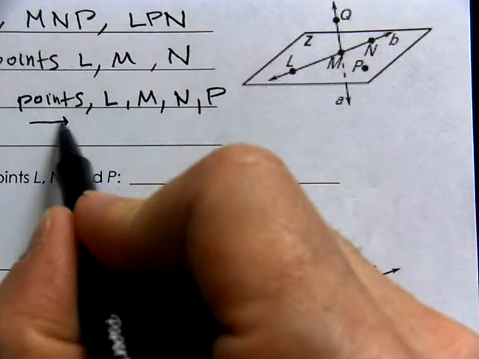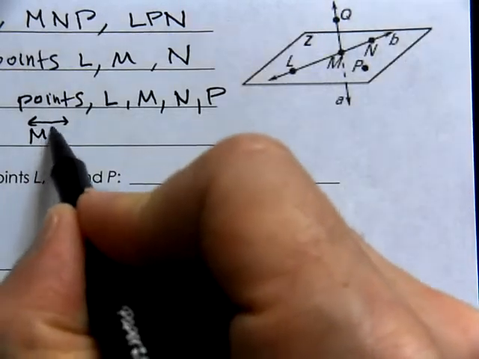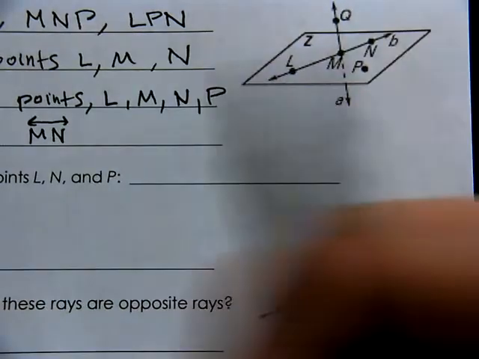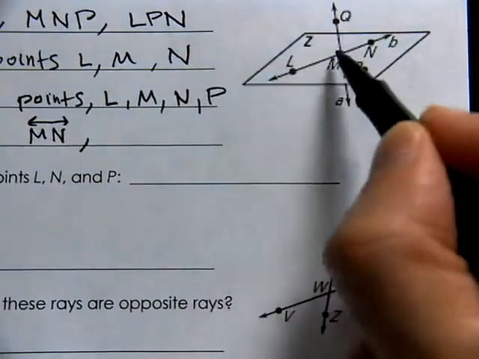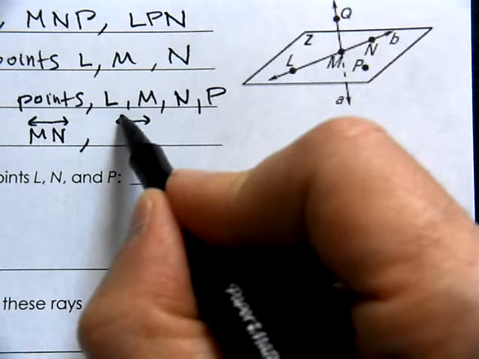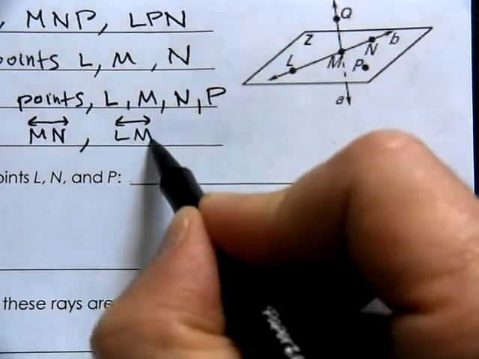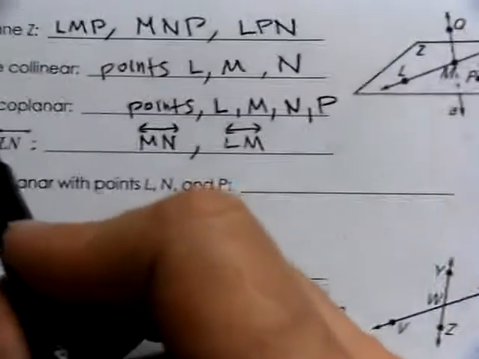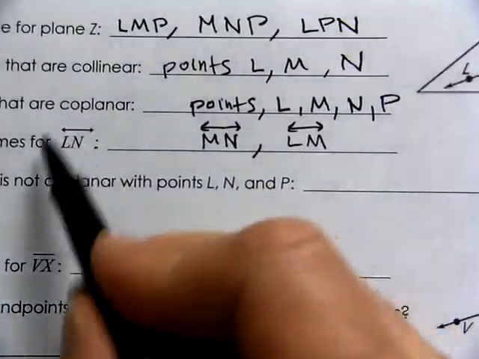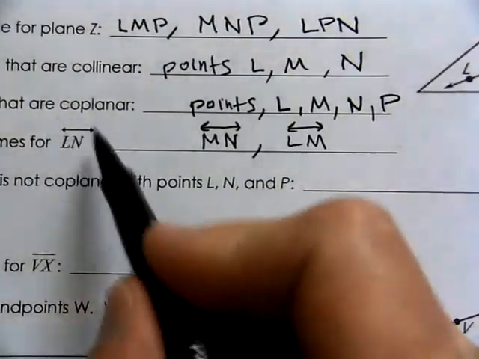So put the line symbol above it, and capital letters M, N. Again, you can do it forwards or backwards. We could use L and M. So line LM. Again, forwards or backwards. You could even take the given name and just shuffle those letters around and rewrite that backwards.